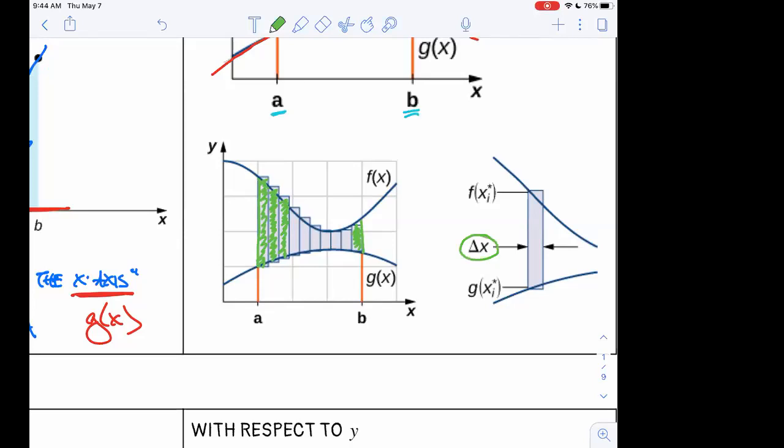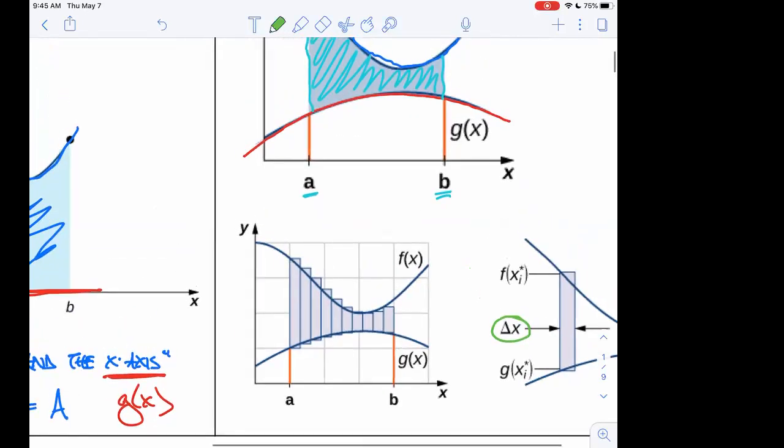If we look at this picture right now, I think it's a pretty good estimate of the area. But what would happen if, instead of however many rectangles I had here, I had an infinite number of rectangles? So I had one really skinny rectangle like this, and then another one right next to it, and another one right next to it.